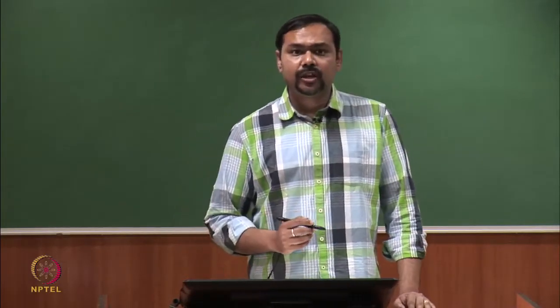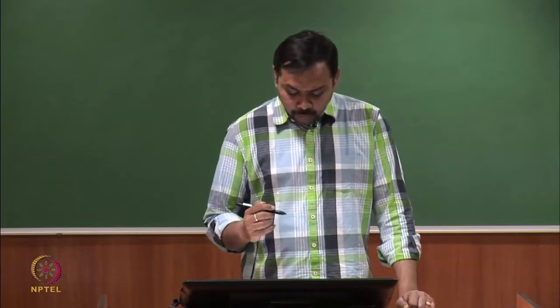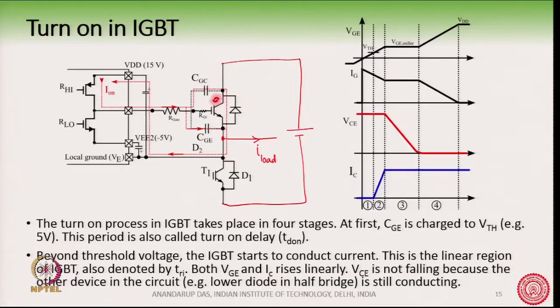Now, beyond this threshold voltage, what happens? The IGBT starts to conduct current, and this region is called the linear region of the IGBT. Why is it called the linear region?